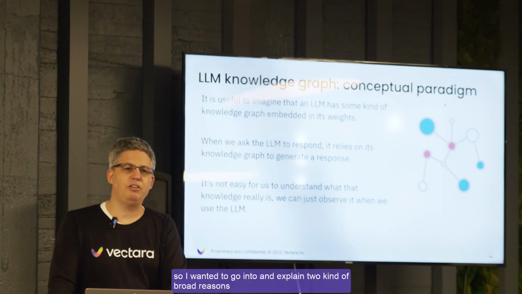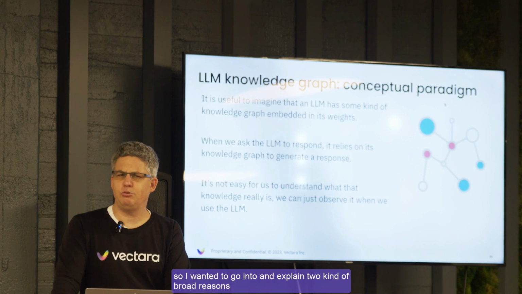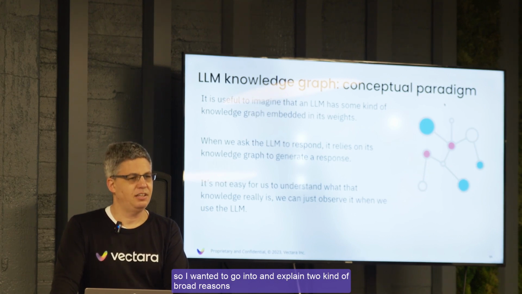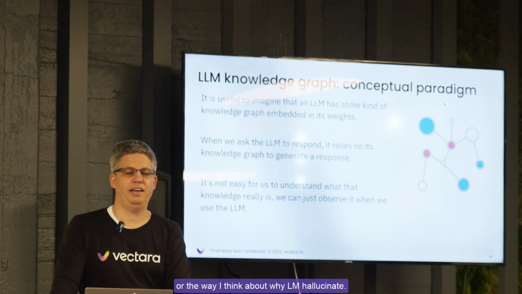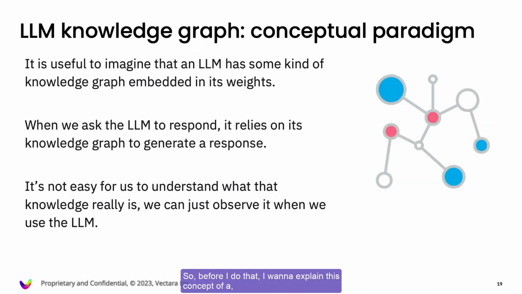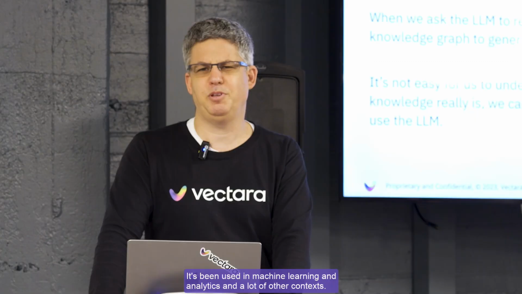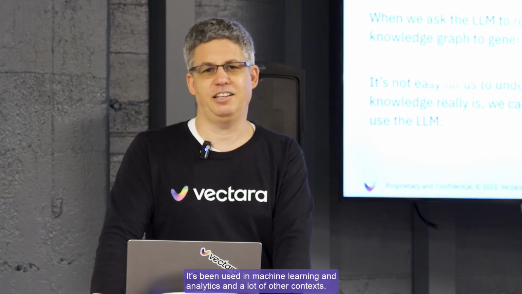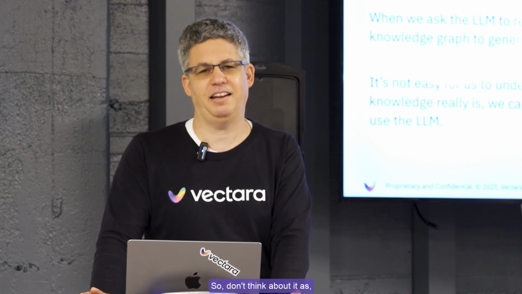So I wanted to explain two broad reasons, the way I think about why LLMs hallucinate. Before I do that, I want to explain this concept of a knowledge graph. And a knowledge graph, I apologize up front, is kind of confusing terminology. A lot of people think of a knowledge graph as something used in machine learning and analytics and a lot of other contexts. So don't think about it as that.